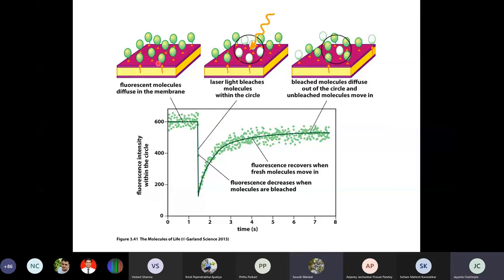I mean, if we connect some fluorescent molecules with some protein molecules, where are they present? They are also present in the membrane, on the upper side of the membrane, which is not attached to the glass slide. Okay. Would you see a similar kind of graph, or will the result be different?